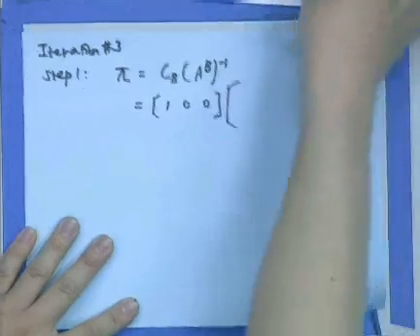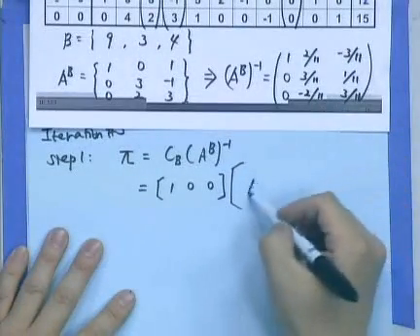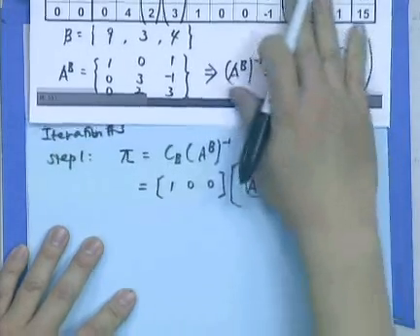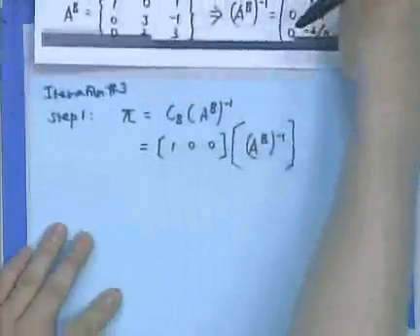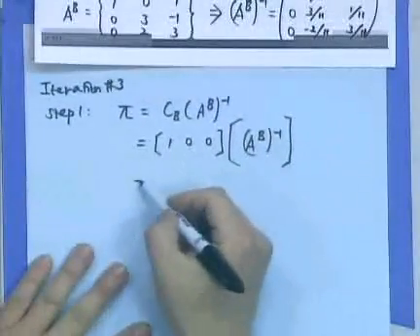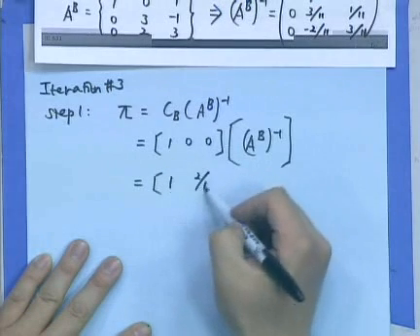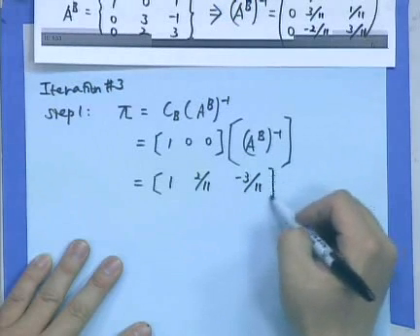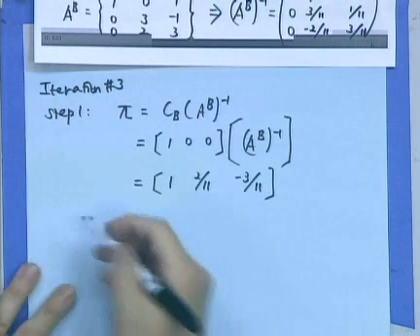The new basis inverse matrix is this. Then we will have 1, 2/11, negative 3/11 as the simplex multiplier vector.